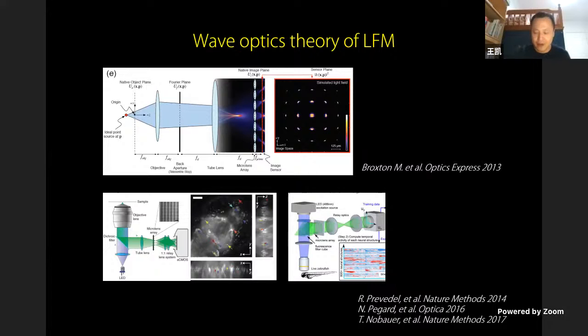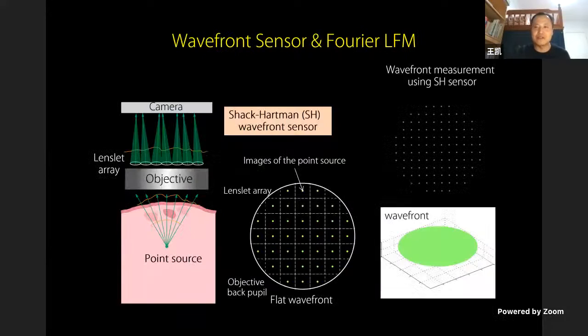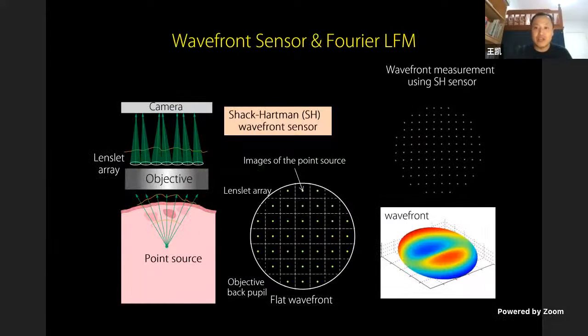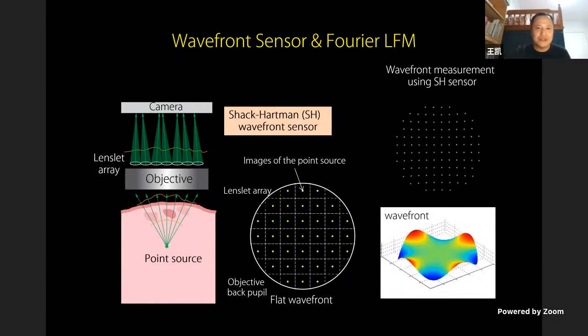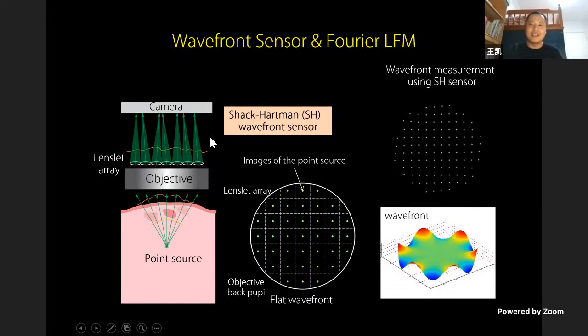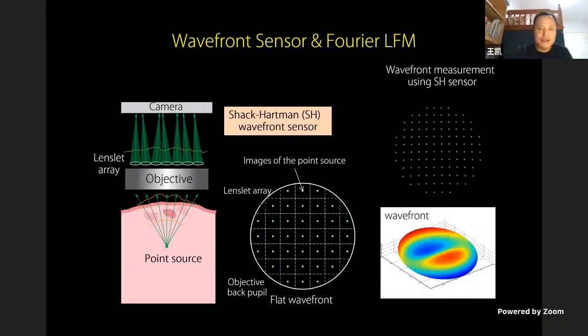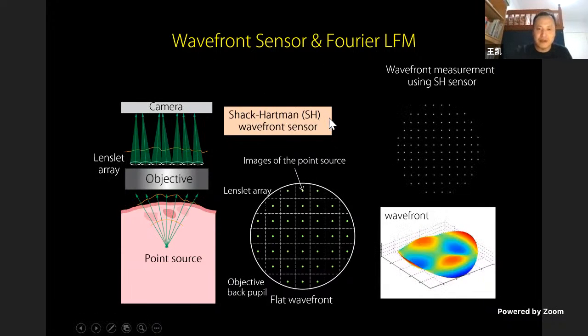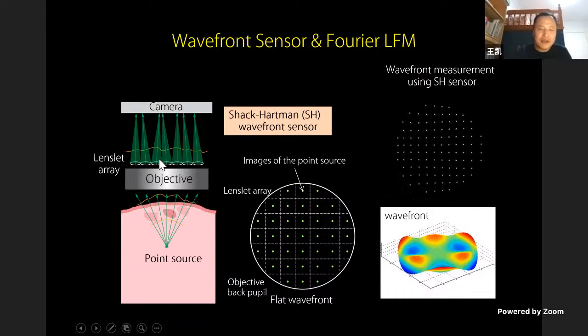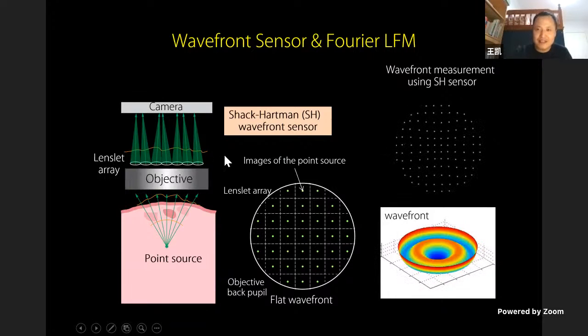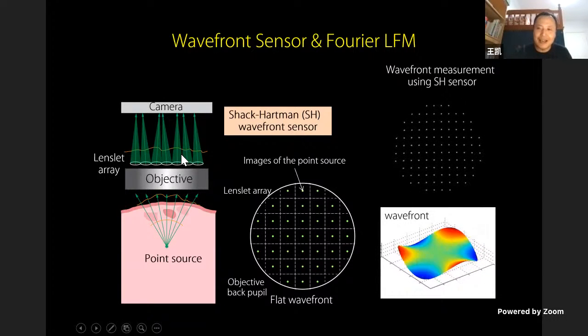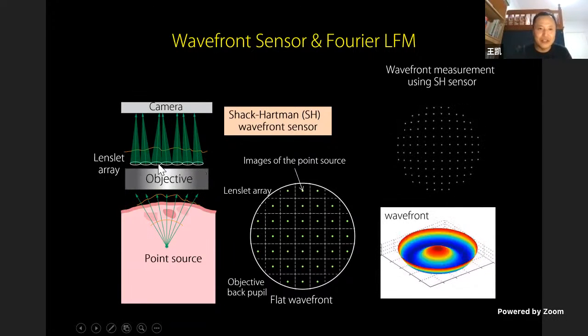The term is XLFM. Actually, we had this idea by accident, because I was working on adaptive optics. There's a very well-known device called the Shack-Hartmann wavefront sensor, which is very similar to light field microscopy.